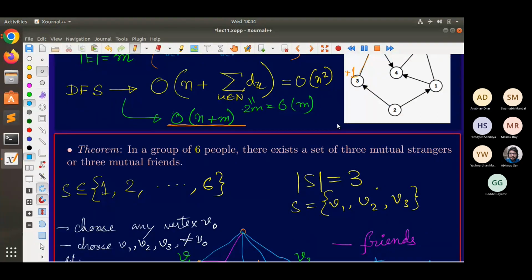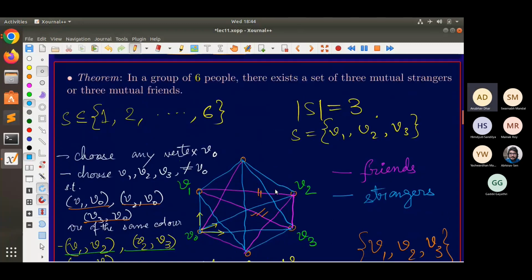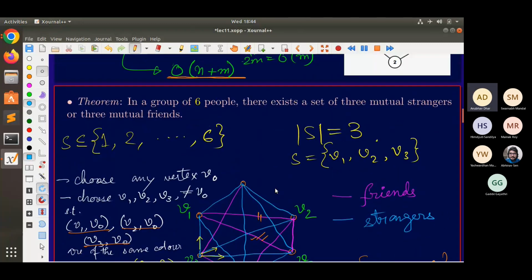Two characters are related if something happens, and then you can convert the notion of related into the notion of adding edges between these nodes. So in those problems you can reduce the word problems into graph problems.